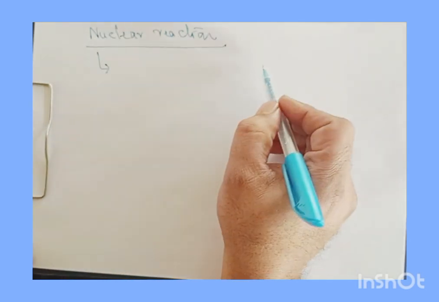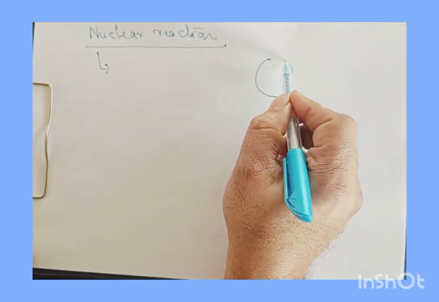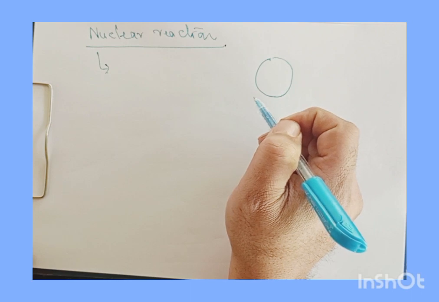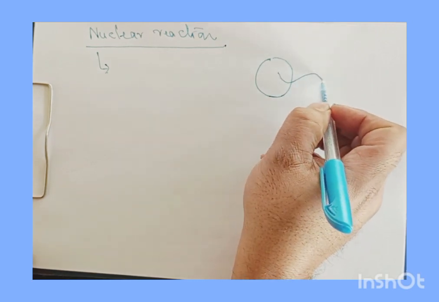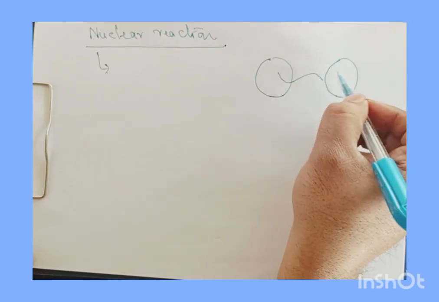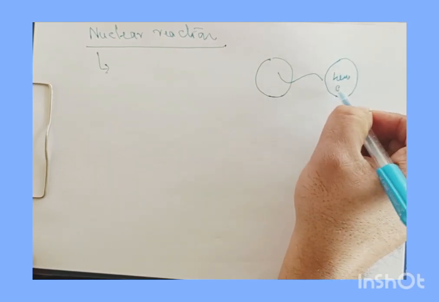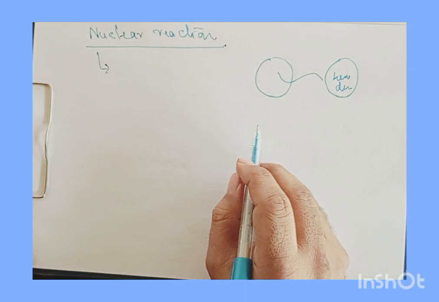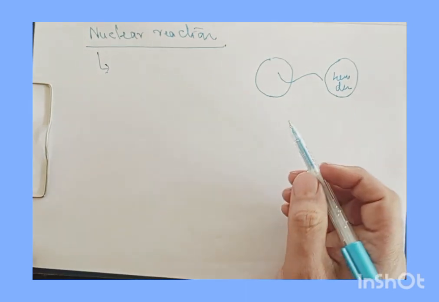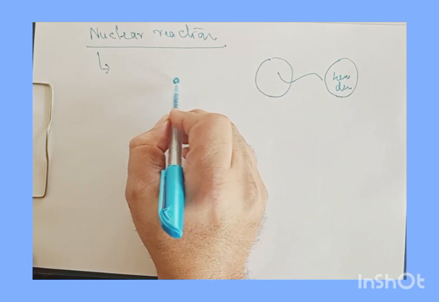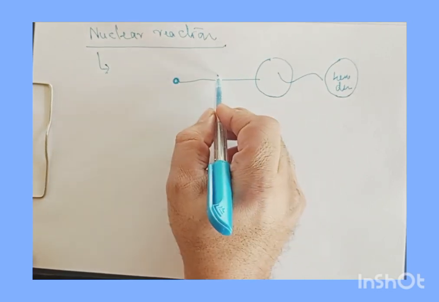a stable element, if you have a stable element, and this stable element is changed into a new element. And how it is changed into a new element when we bombard it by some external projectile.